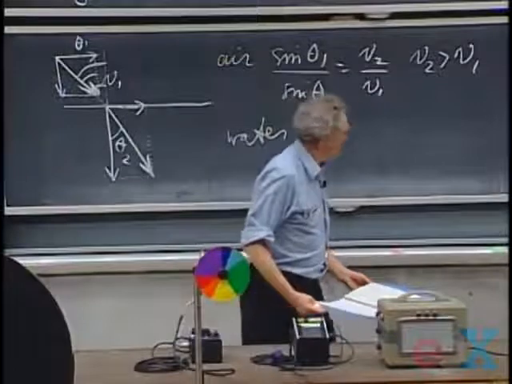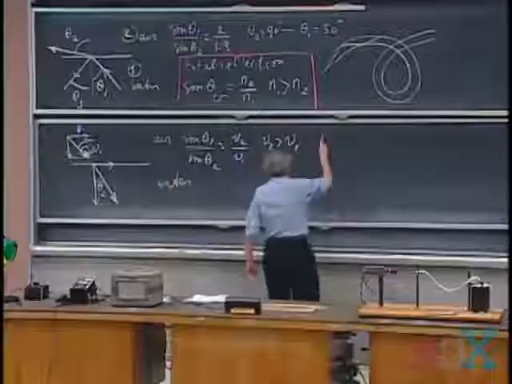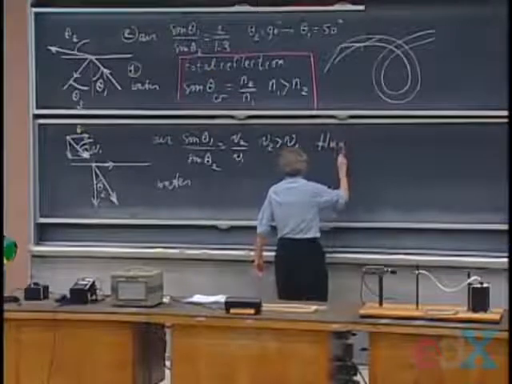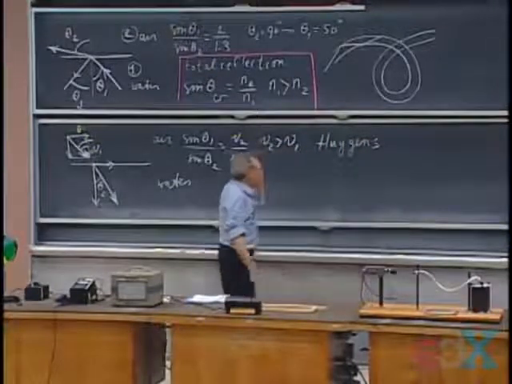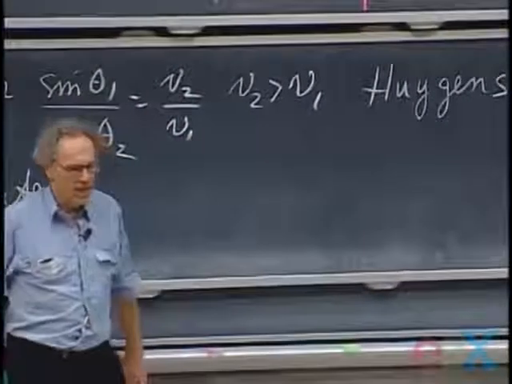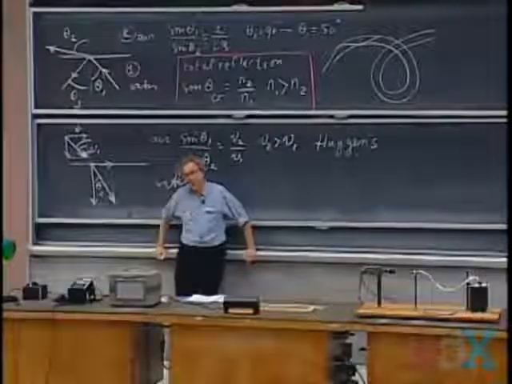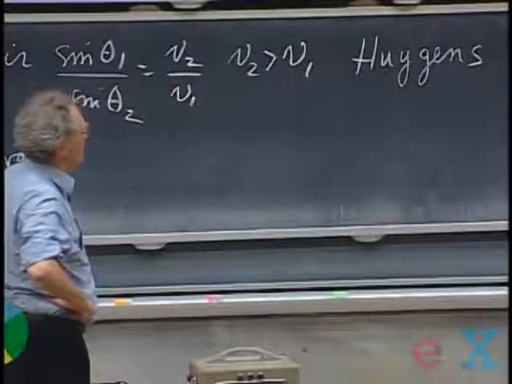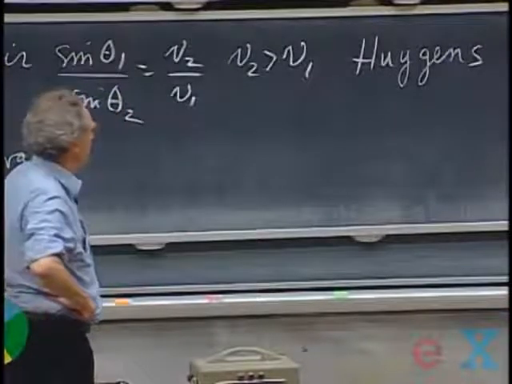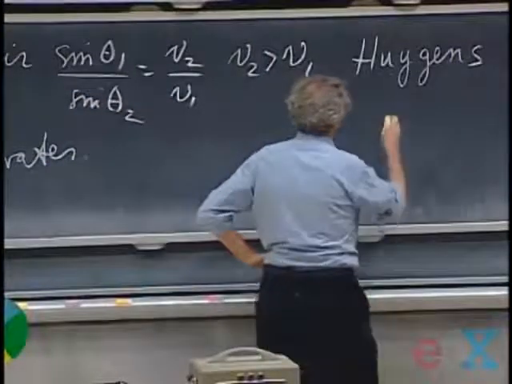Now there was a Dutchman, and the name of the Dutchman was Christian Huygens. And this gentleman suggested that perhaps light are not particles, that they are waves. And this guy came up with a genius idea, which we now know as Huygens principle. At least you call it Huygens principle. But we don't call it Huygens principle.